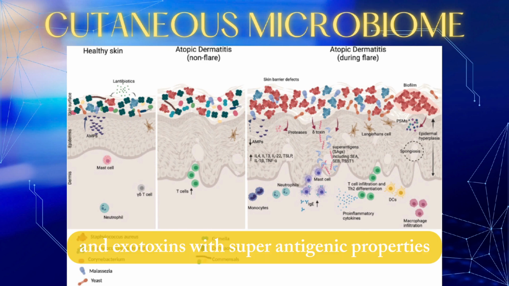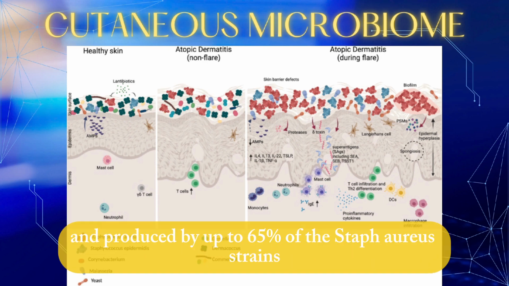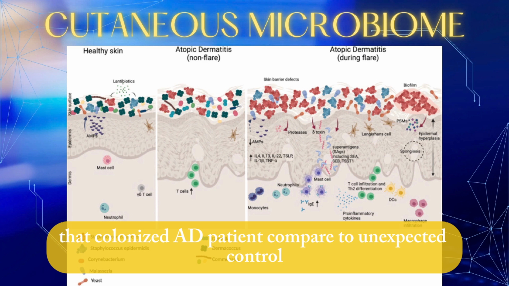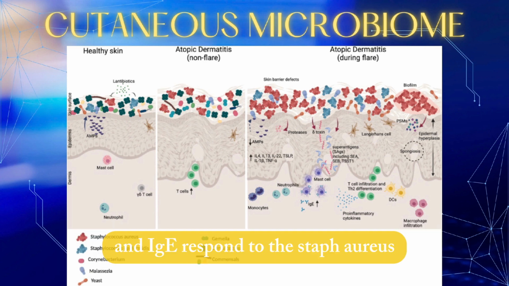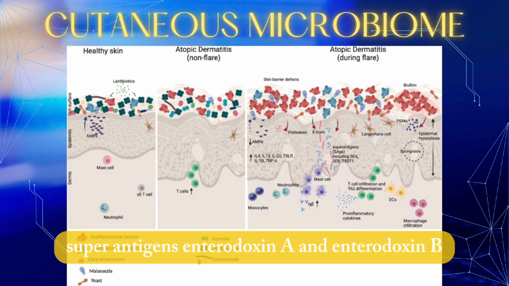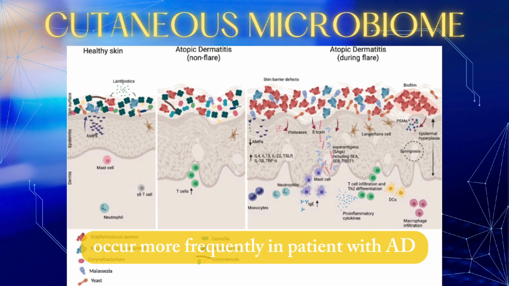An exotoxin with superantigenic properties is produced by up to 65% of the Staph aureus strains that colonize AD patients, compared to uninfected controls, and patients actually respond to the Staph aureus superantigens. Enterotoxin A and enterotoxin B occur more frequently in patients with AD.